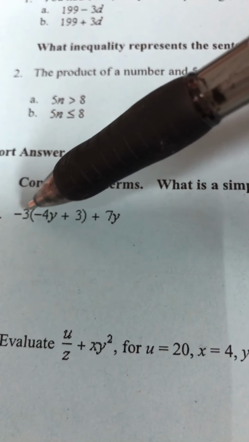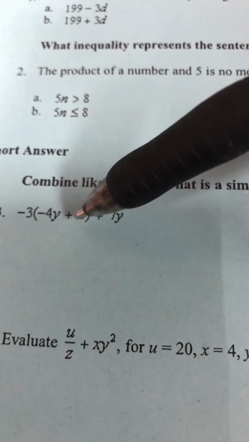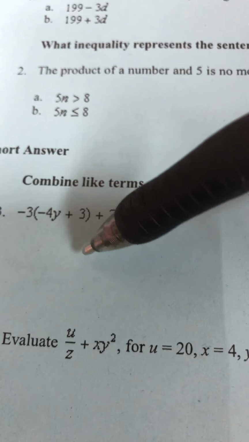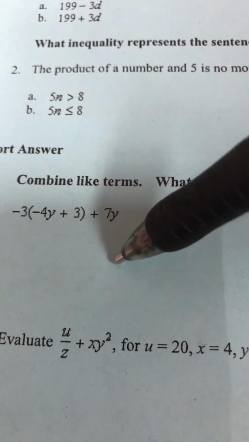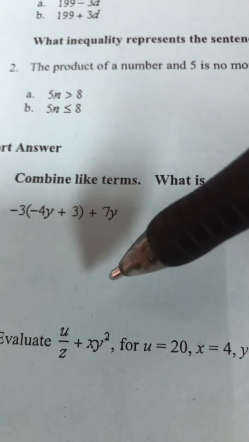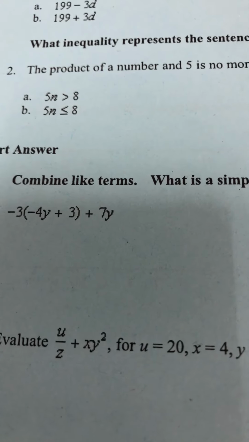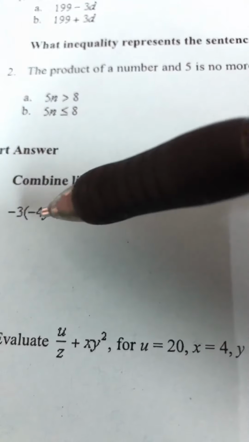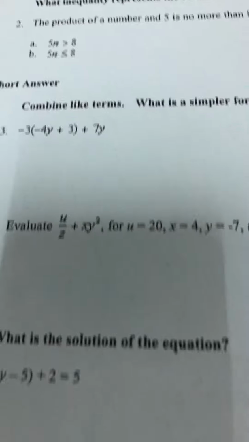And then -3 times the positive 3 gives you a negative number. And then you're just going to bring this plus 7y down. That's not your last step. Make sure you put your y's together, combine like terms, and then you'll be done, okay? And you'll have a constant there too, a number that you'll bring down with it.